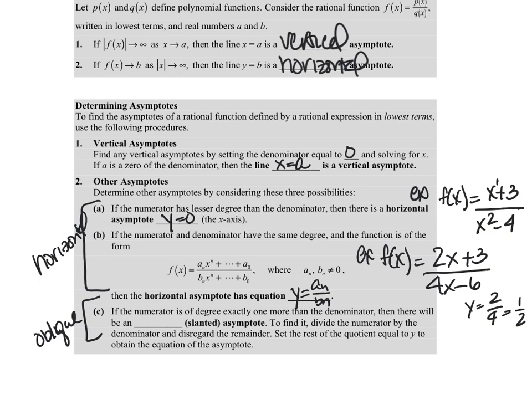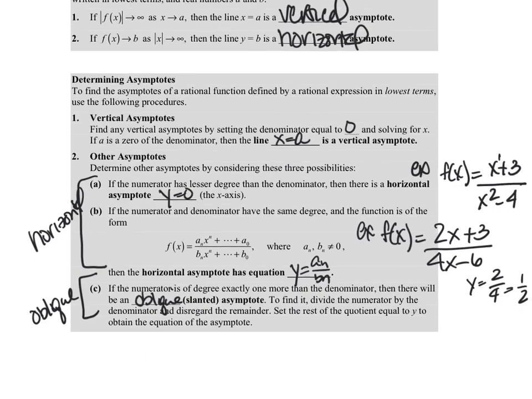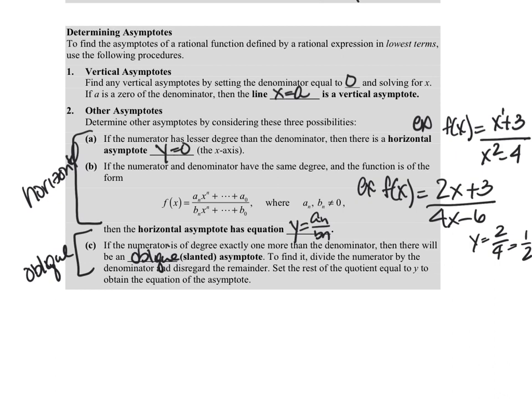If the numerator is of degree exactly one more than the denominator, then there will be an oblique or slanted asymptote. To find this, divide the numerator by the denominator and discard the remainder. Set the rest of the quotient equal to y.